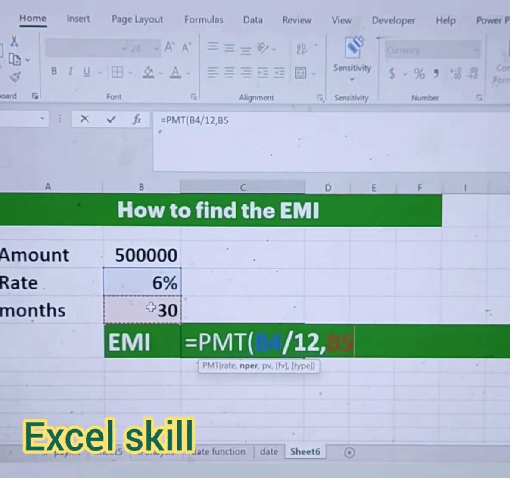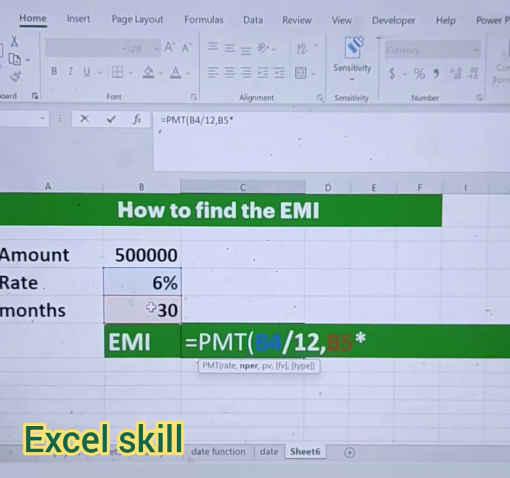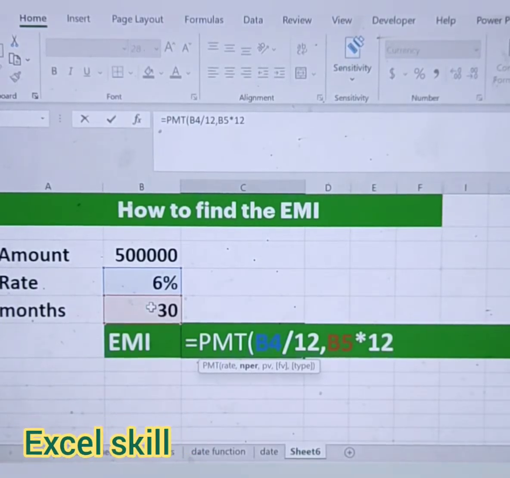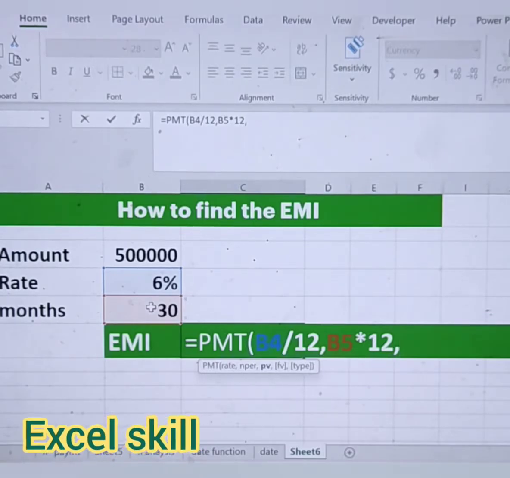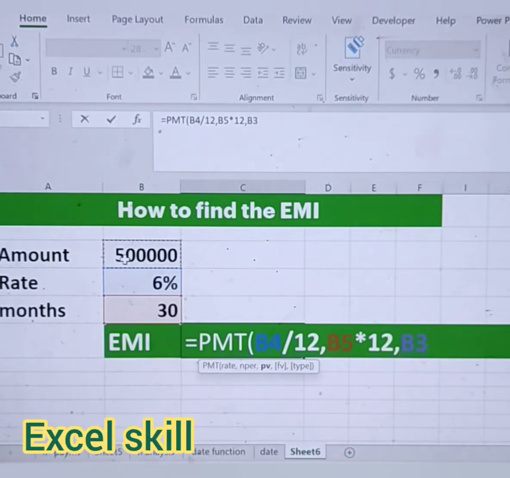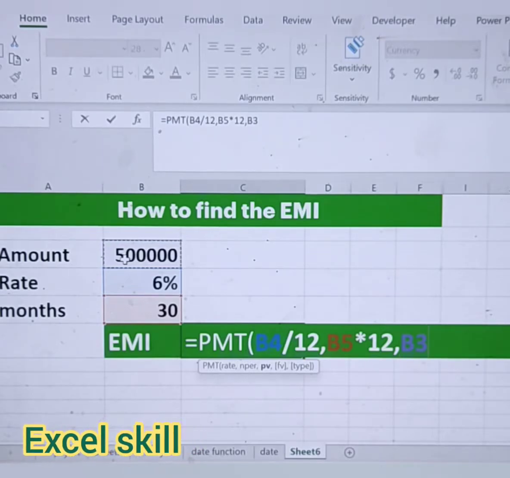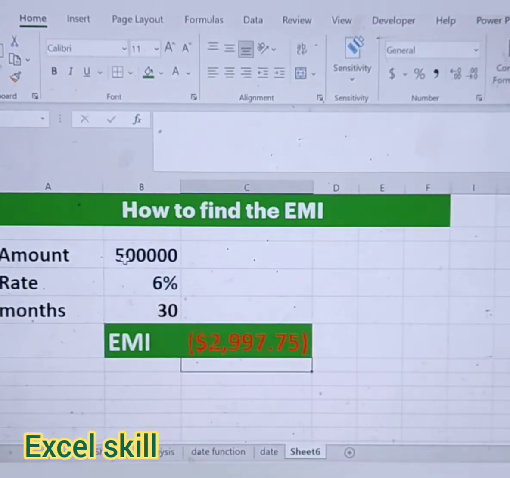Again, months is also spread across the year, so now you have to give multiply by 12. We are calculating for monthly EMI, so you have to give 12 as your multiplication number. Give comma. Now finally you choose the amount. Then close the parenthesis and hit enter.